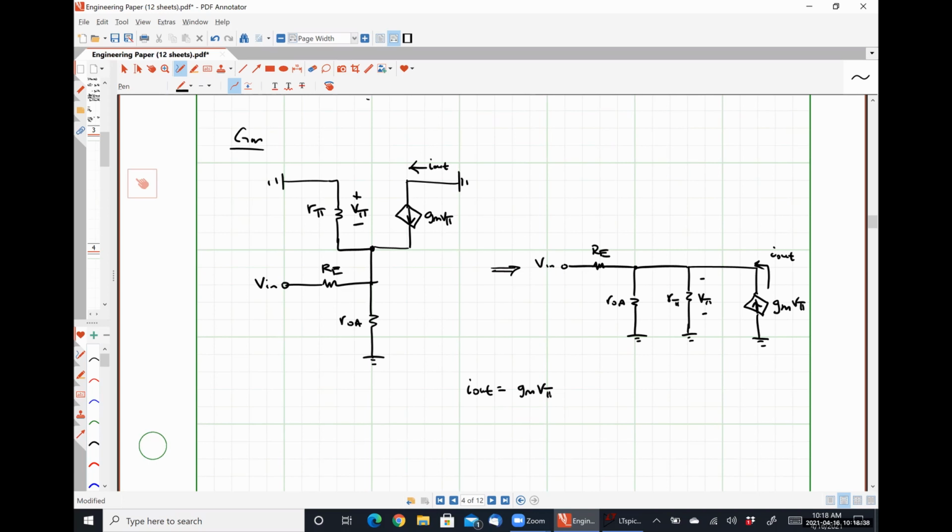Because the current flowing into the positive polarity terminal is GM V pi, and the voltage drop over it is V pi, so it looks like 1 over GM.